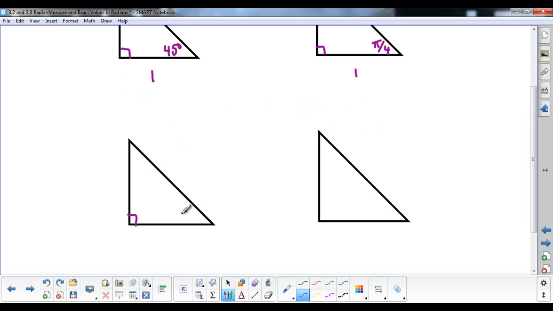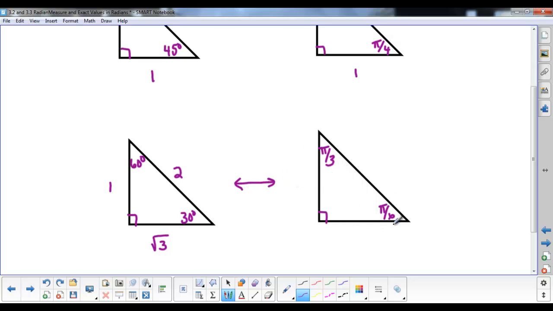Okay, so the other triangle we had was 30, 60, and then 90 degrees. Now opposite of the 30, so opposite of the smallest angle, was 1. Opposite of the 60 was the √3, and then finally the hypotenuse was a side length of 2. Now again, let's convert 30, 60 into radians. So 30 would be pi by 6, 60 would be pi by 3, and then we have the 90.